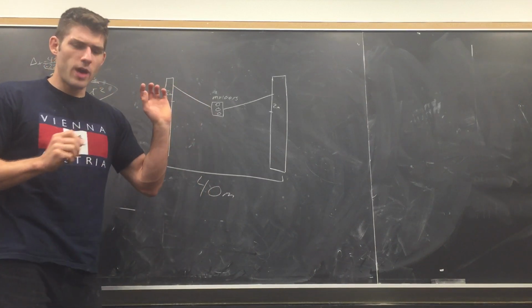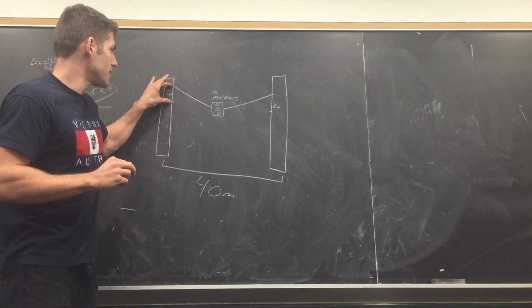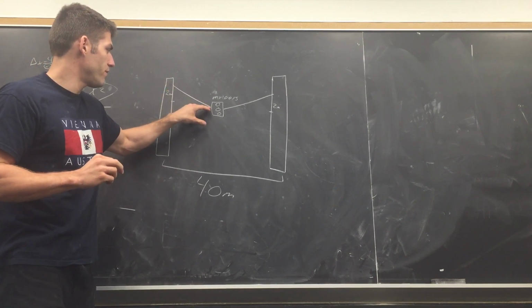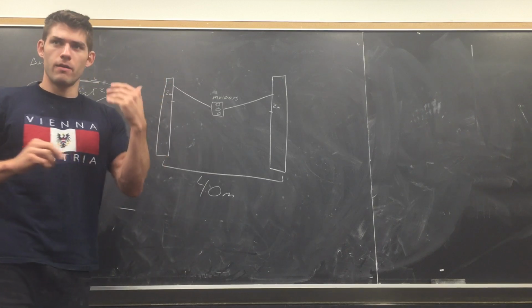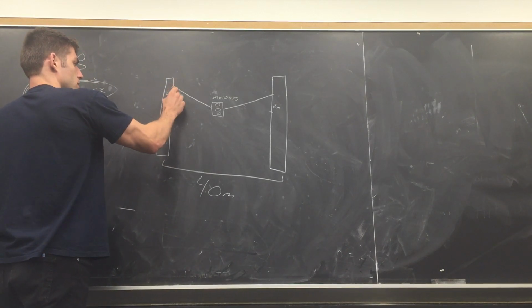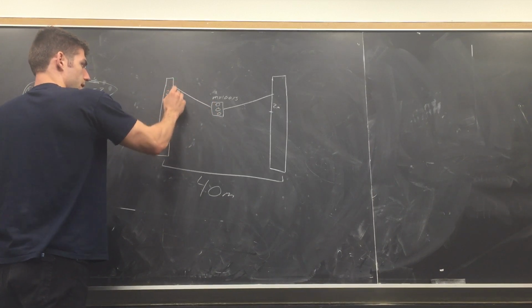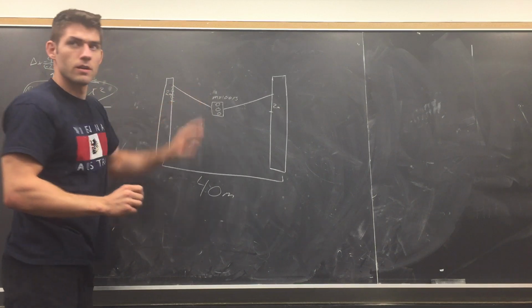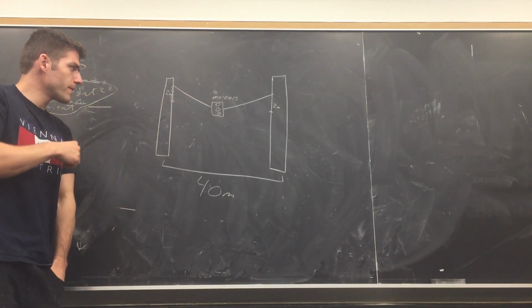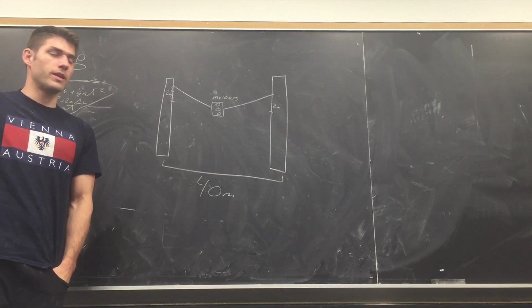So the traffic light is directly in between the posts. It's attached 2 meters above in a vertical position. So this is 2 meters. We thought about it from this position. They want to know the tension in the wire. That's all they want to know at the end of the day.